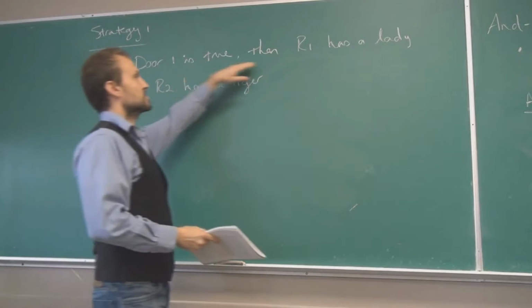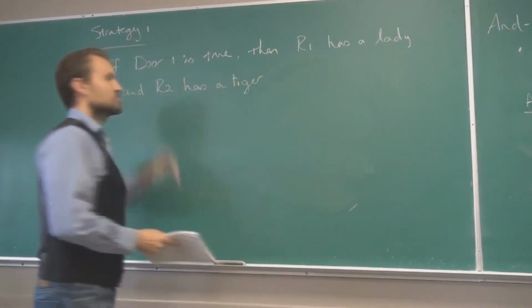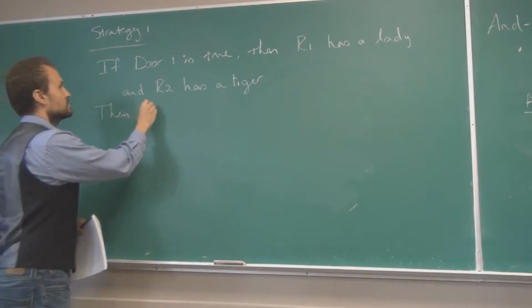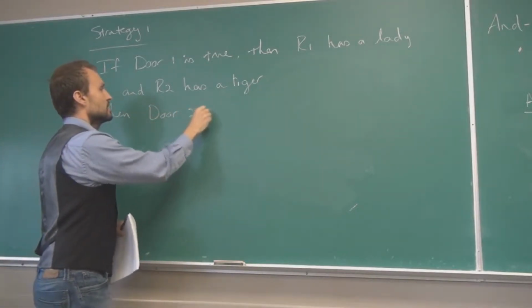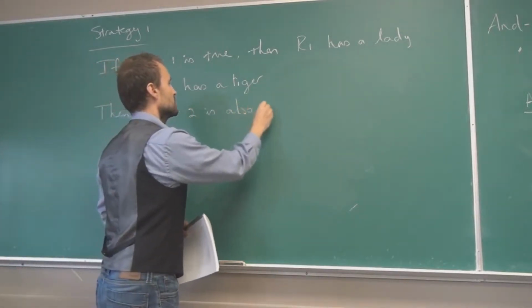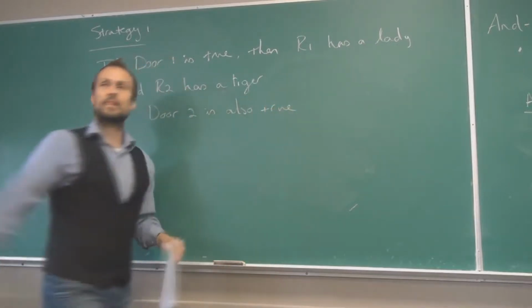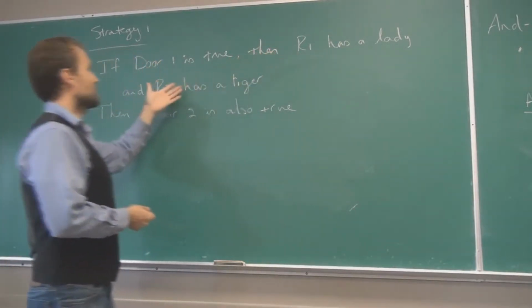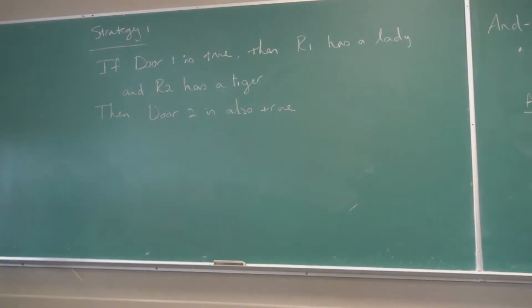So in this first assumption, room 1 has a lady, room 2 has a tiger. That means door 2 is also true. Because it says, in one of these rooms there's a lady, and my assumption happens to be room 1. And in one of these rooms there's a tiger. So door 2 is also true.